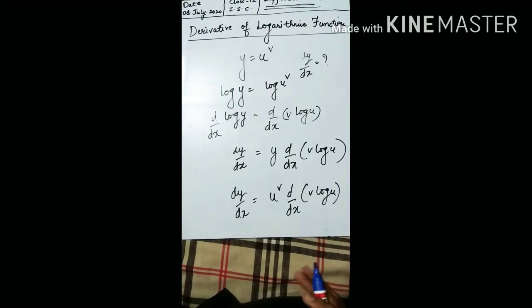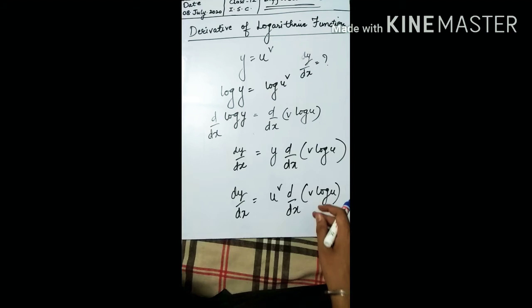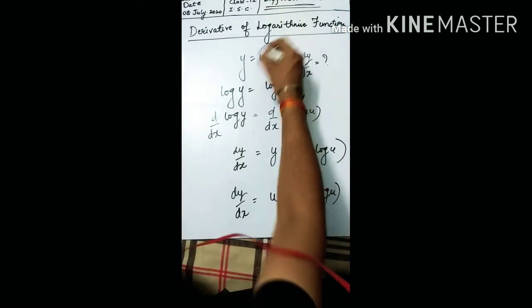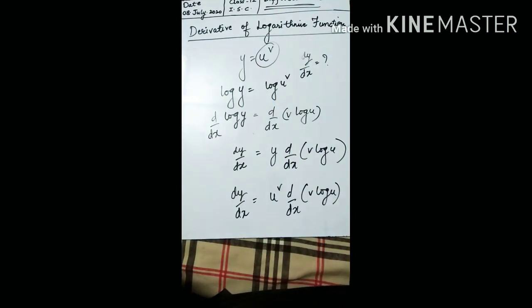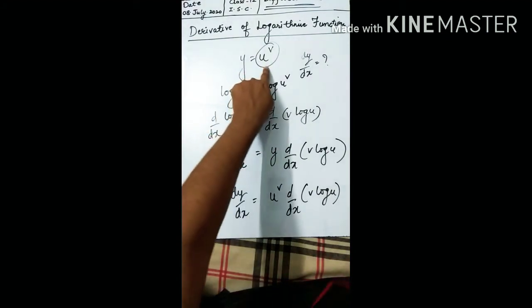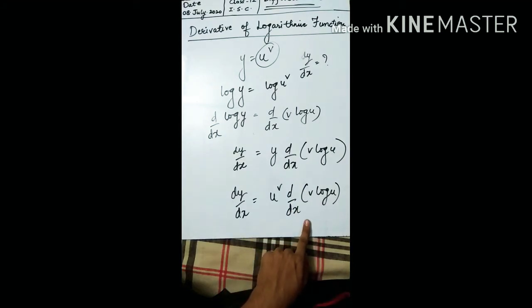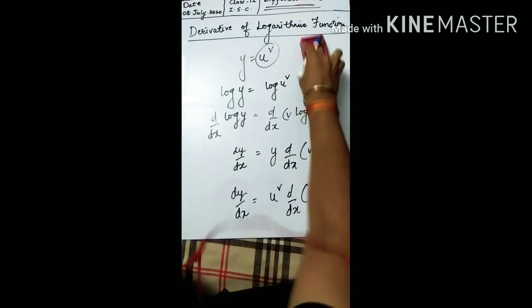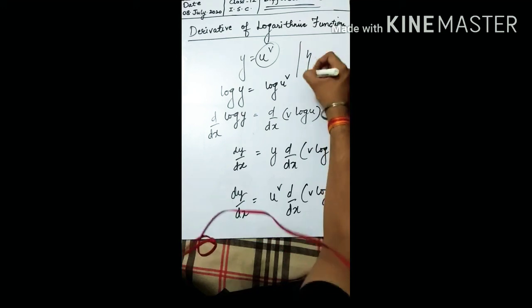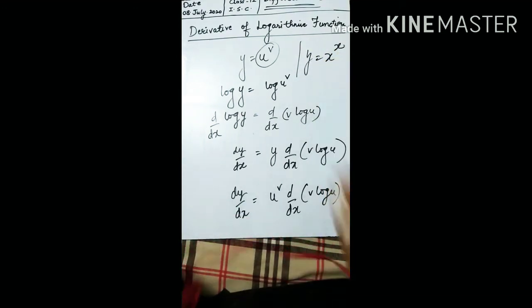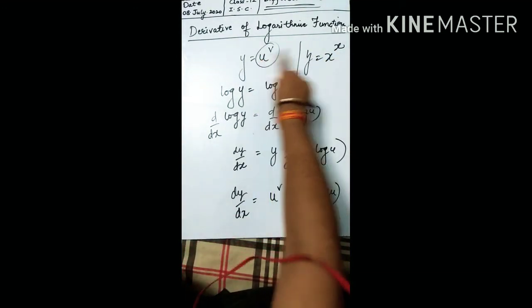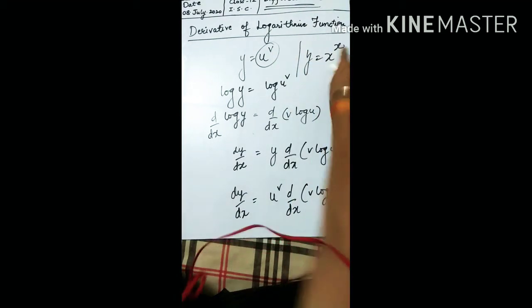See what they are trying to explain from this. These two are differentiable functions of x, and if you have y equal to this, then how do you differentiate and get the answer? Let me take one example. Say y is equal to x to the power x, so in place of u you have x, and in place of v also you have x.